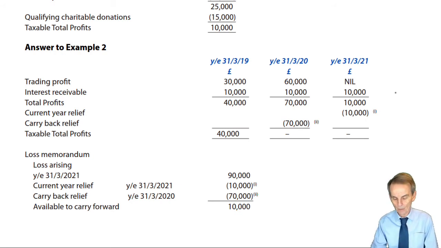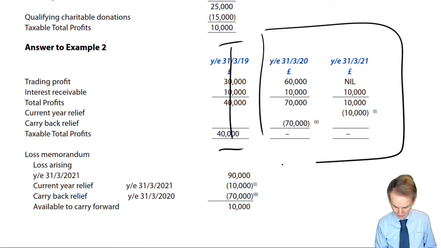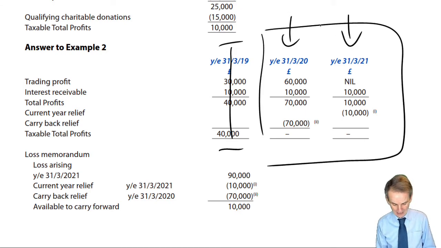And they're also probably going to give you the next period so you can demonstrate the carry forward in terms of the use of those losses. As we know, the year ended March 19, we can't touch anyway here. So the two critical periods are your current period and then your carry back. Again, nil assessment for the loss.